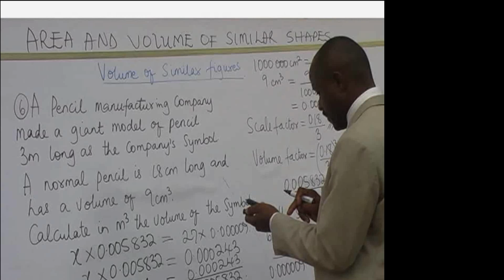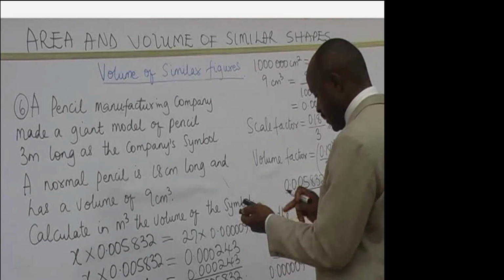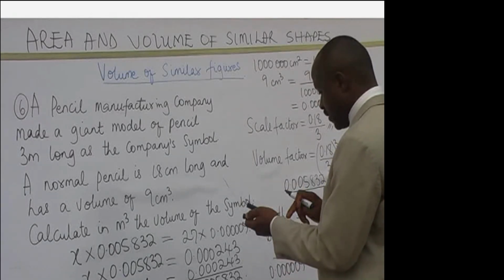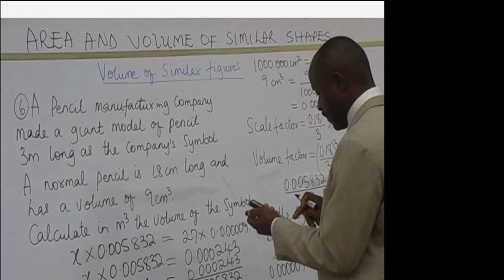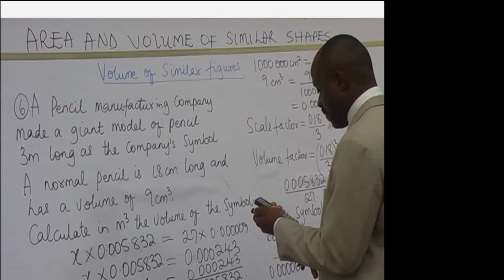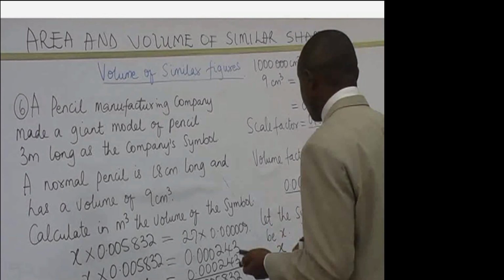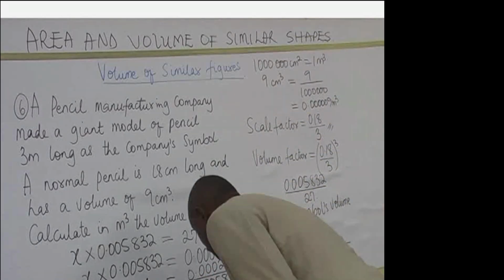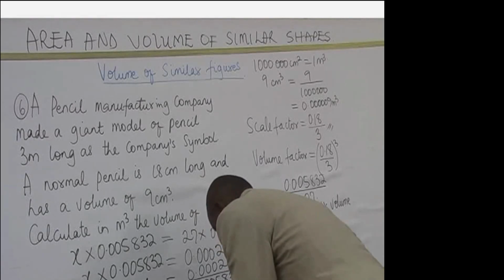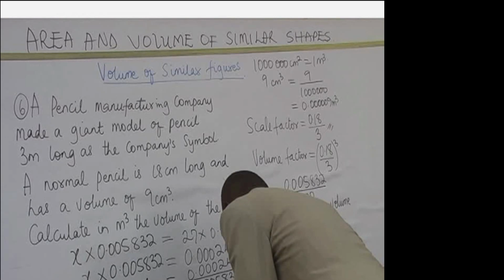0.000243, the numerator, divided by 0.005832 is giving me 0.0417.